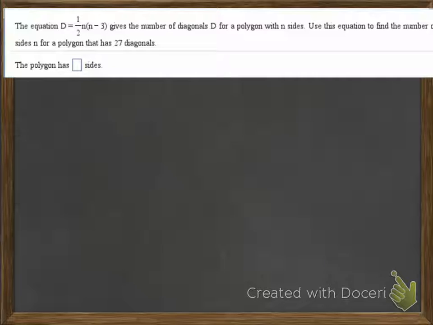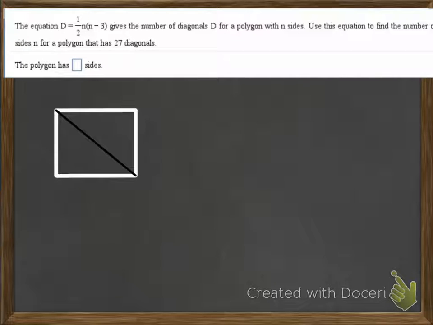Okay, we have one more applied problem that I want to look at, and this is a situation where we're given a formula for the number of diagonals for a polygon with n sides. To understand what's going on here, if you have a rectangle, that rectangle has two diagonals.